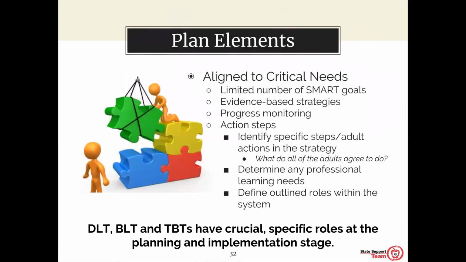Additional questions your team will need to address include: have you selected a limited number of SMART goals? What evidence-based strategies are you considering to help you achieve your goals? How will you progress monitor the implementation to ensure student success? And lastly, what action steps are required of the team to ensure successful outcomes for students?